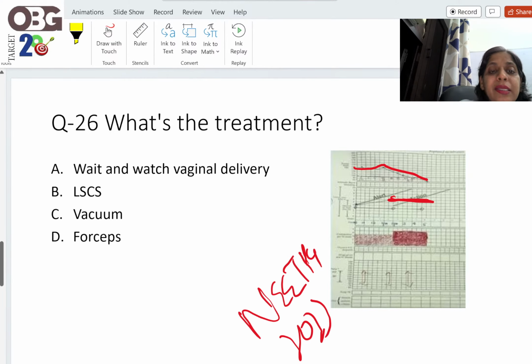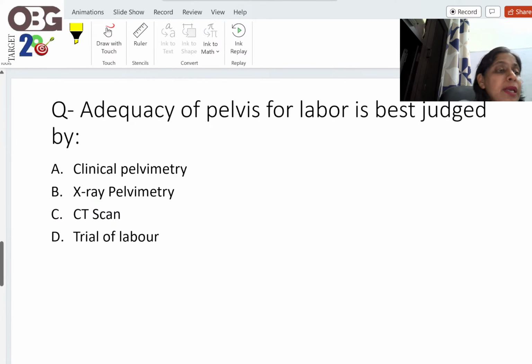So the answer here is cesarean, as the patient has had no descent for quite a long time, no dilatation for 4 hours, and the fetal heart rate is going very down. So the answer is cesarean.